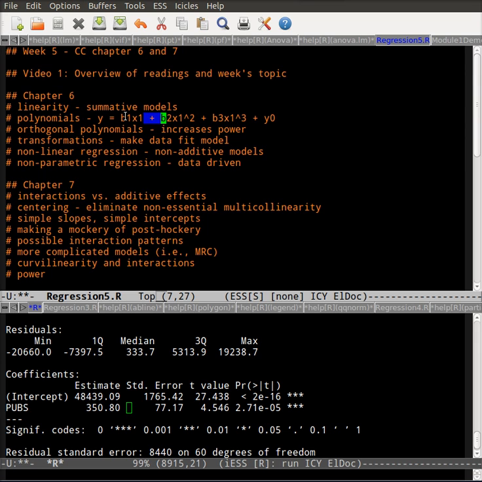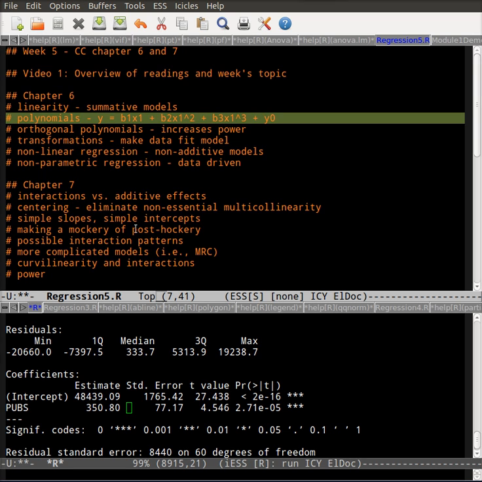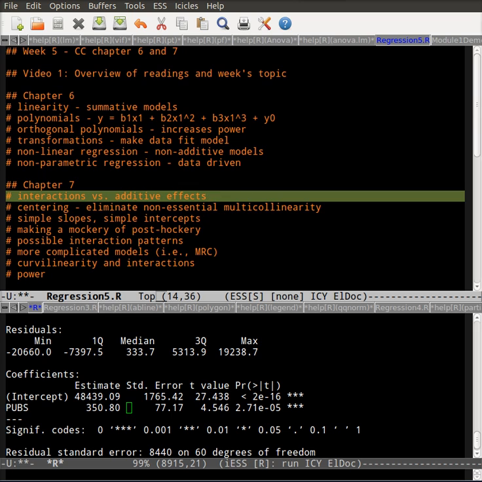So what I'm saying is x1 or x1 squared or x1 cubed. And that's a little bit different than if I had a model with y equals b1 x1 plus b2 x2 plus b3 x1 times x2.